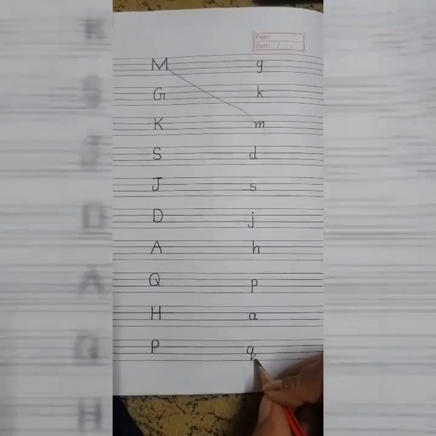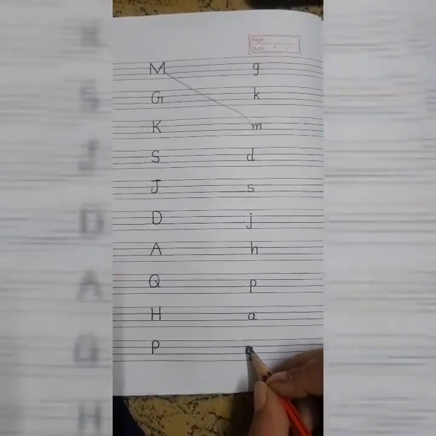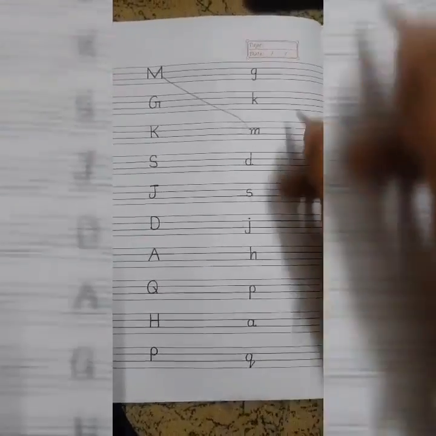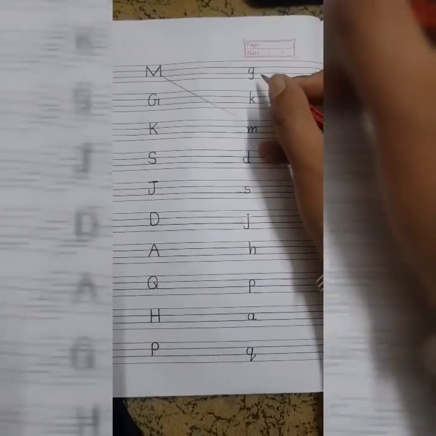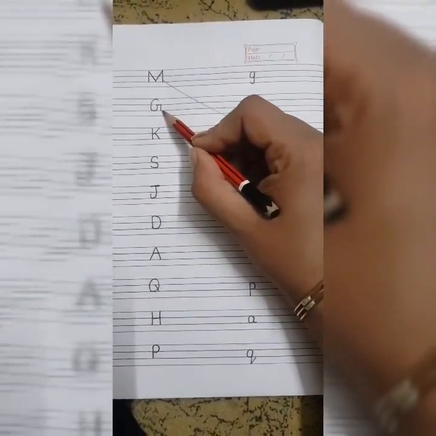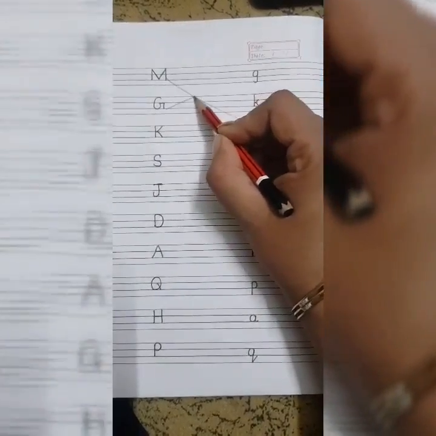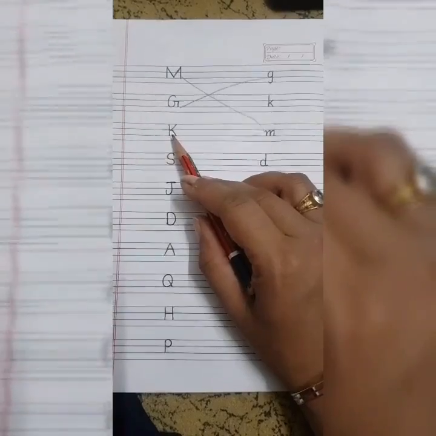Is it? It looks like G. Yes. No, it's letter Q. So where is the letter G? Yes, here it is. So we will match letter G with small case letter G.